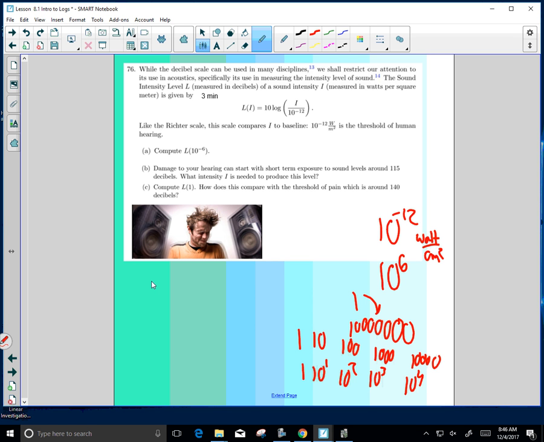So we're going to put in for I 10 to the negative 6 over 10 to the negative 12. This is easy, but it's going to look really nasty. How many of you think that looks nasty? But what is the difference between 10 to the negative 6 and 10 to the negative 12? What's the difference in those powers? What is negative 6 plus 12?